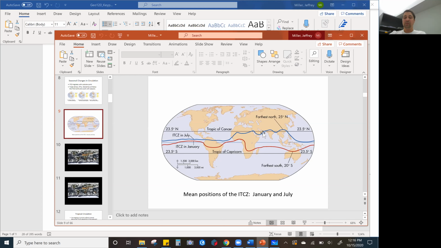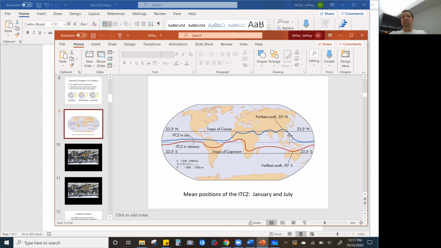Okay. And it actually at some points rises over 25 degrees north. And so what that does is it actually shifts the entire cycle of those wind cells I was mentioning earlier. So instead of at the 30-degree mark, say it shifts up to 35 or 40 degrees. I don't know what the exact numbers are.